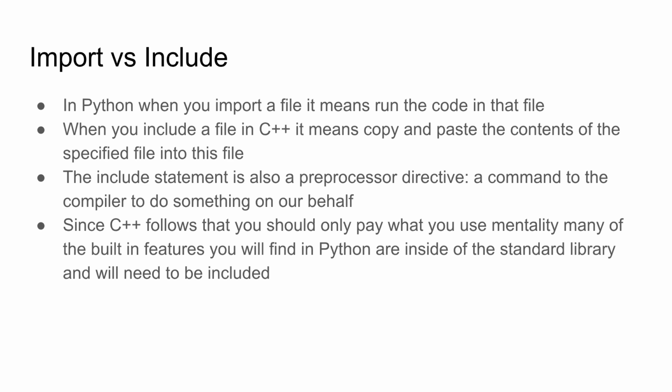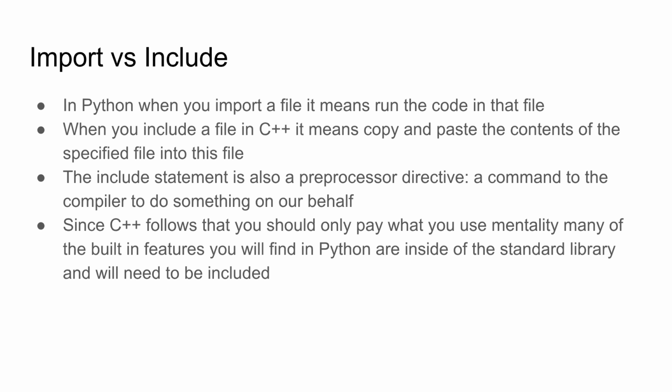When you include something in C++, it means copy and paste the contents of that file into that spot. So it takes whatever's there and copies and pastes it in, which can cause quite a few differences later on when we get to some more complicated problems. The other thing is that the include statement is a preprocessor directive, and this is a command to the compiler to do something special.